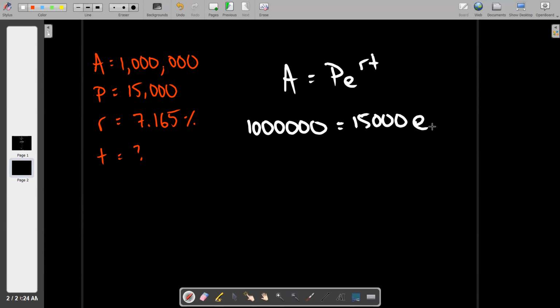And then what's my exponent going to be? It's going to be 0.07165 times t. Don't skimp on decimal places. The only time you should ever skimp on decimal places is at the very end, when everything's done. Then you can round as necessary.